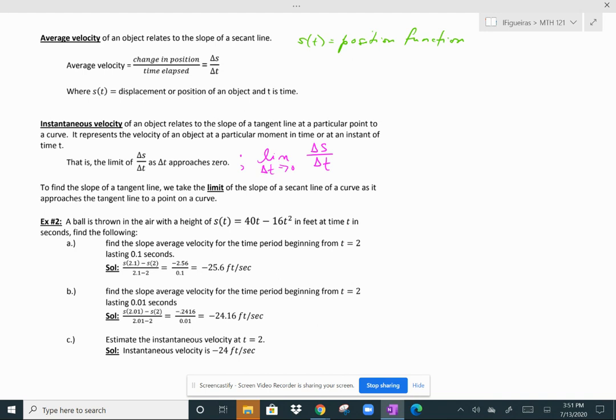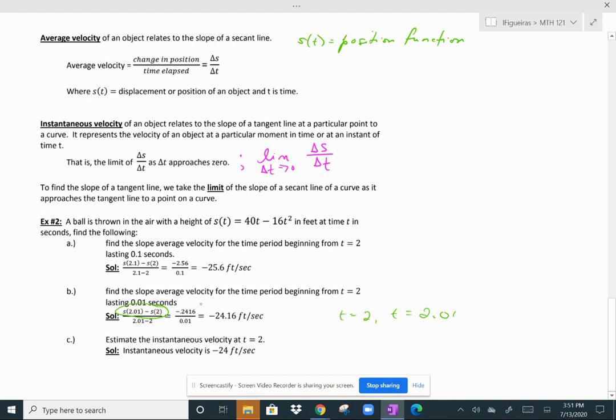So now we're going to make that same computation as t goes from 2 and elapsing 0.01 seconds. So in other words, my time interval is even shorter. So it's 1/100th of a second. So you compute that in a similar way. You plug in change in s, so it's s of 2.01 minus s of 2, again plugging in 2.01 here, then plugging in the 2 and subtracting that result.